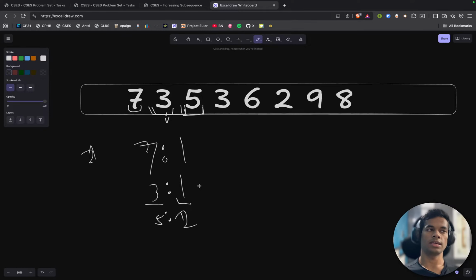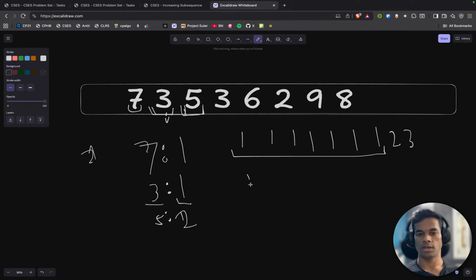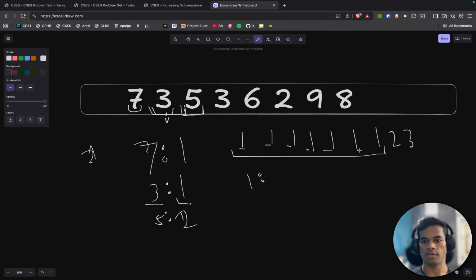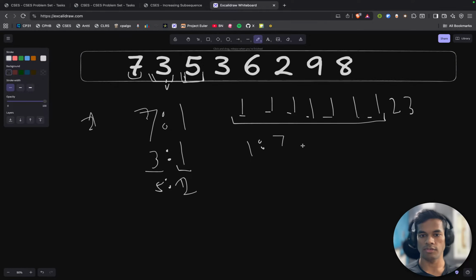Yes, but it would be bad. What if I have something like this? 1 1 1 1 1 1 1, and then 2, and then 3. When I have a bunch of ones, the one at the end would have a value of 7. No, this is right, this will give us the right answer.